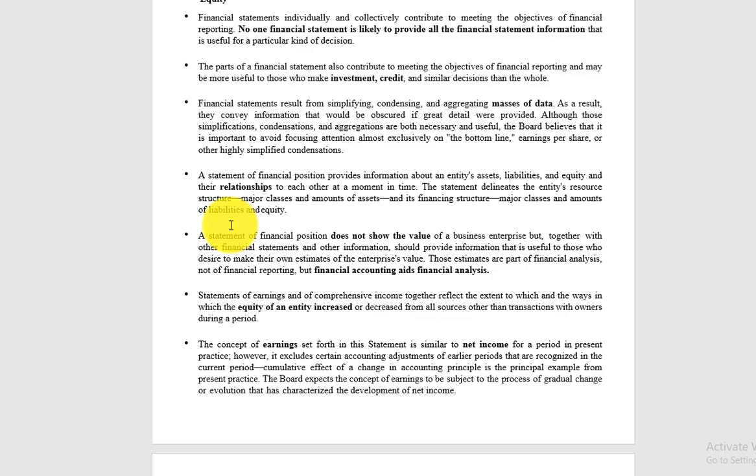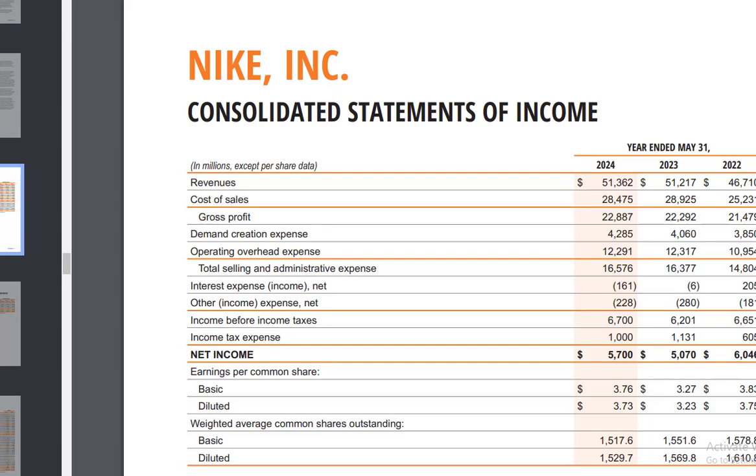Important point: the statement of financial position does not show the value. We are not in the business of saying to stockholders, this is how much the business is worth. It certainly can help them determine what the worth is, but the worth of Nike is not the net income.